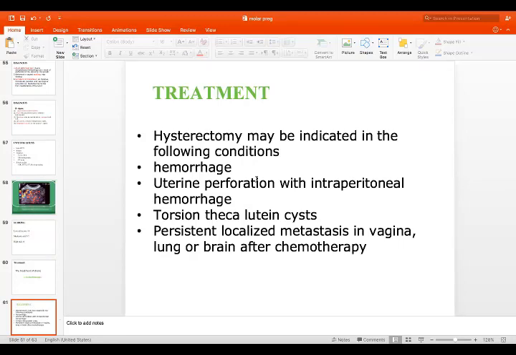Or surgically, hysterectomy may be indicated in the following conditions. So the mainstay is chemotherapy, but sometimes you may perform hysterectomy in the following conditions: uterine perforation, torsion of the uterus, or persistent localized metastasis. So these are the indications for surgical treatment.